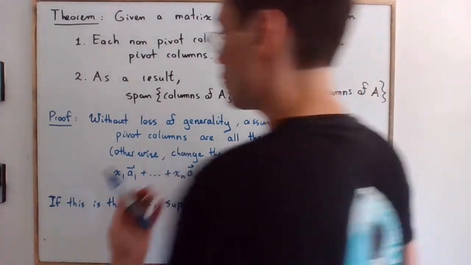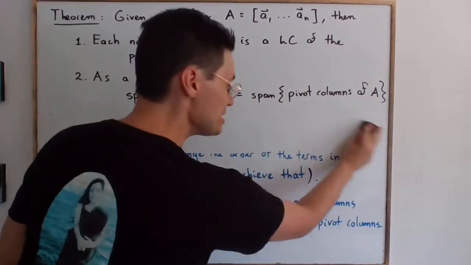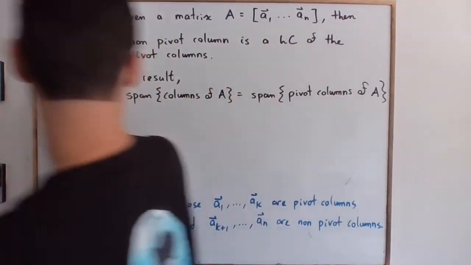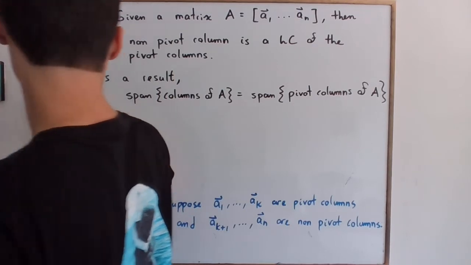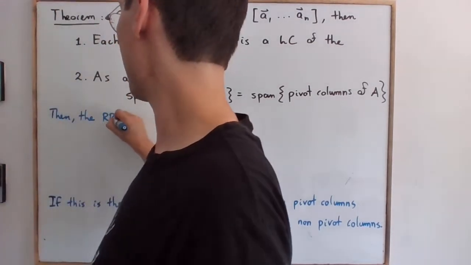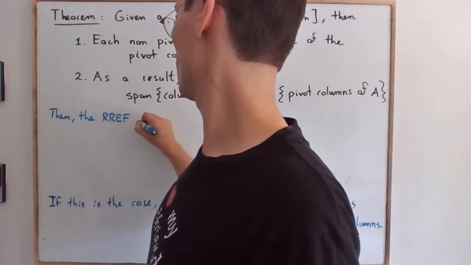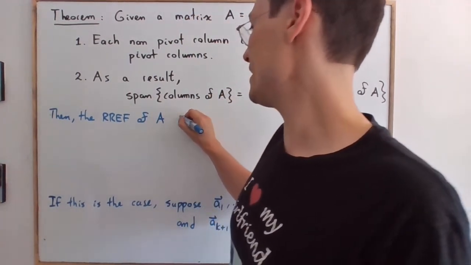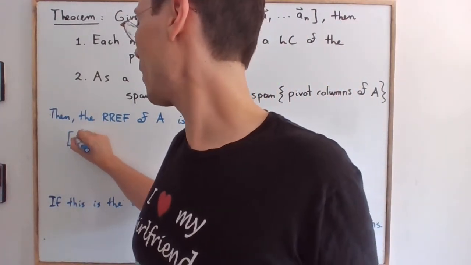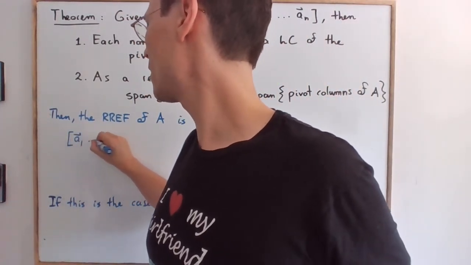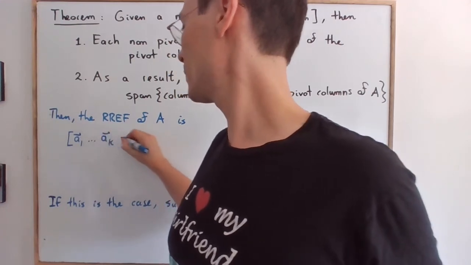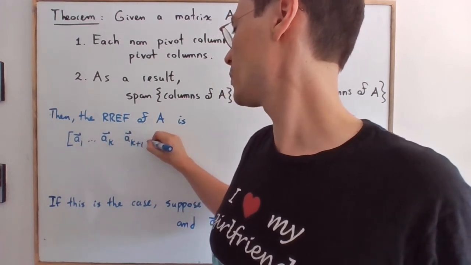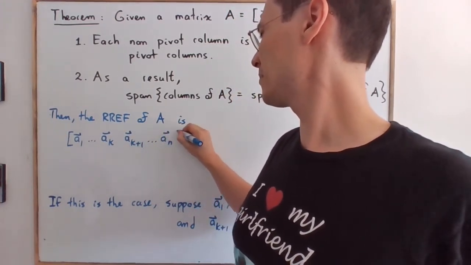Then in this case, we can actually write something pretty neat for the reduced row echelon form of A. So the RREF of A: first of all, we start from A1 to AK, and then we have AK plus 1 until AN.